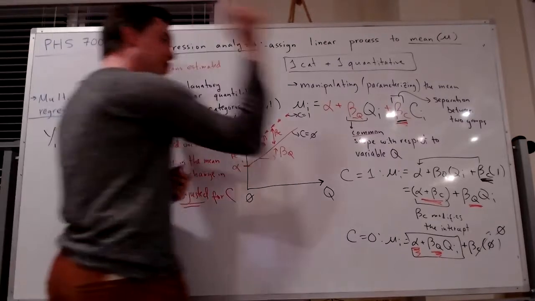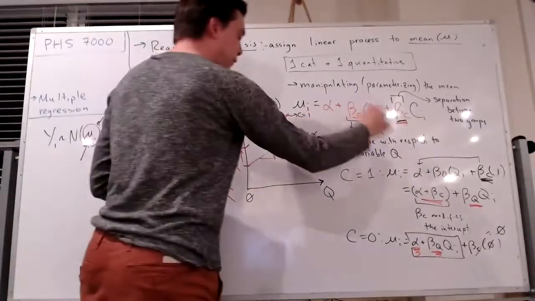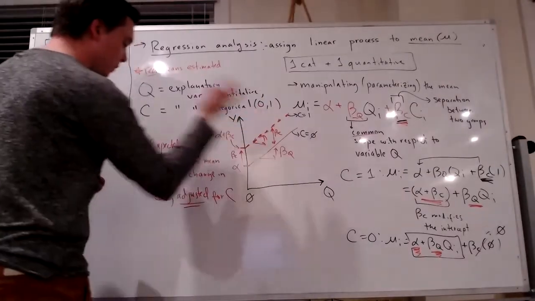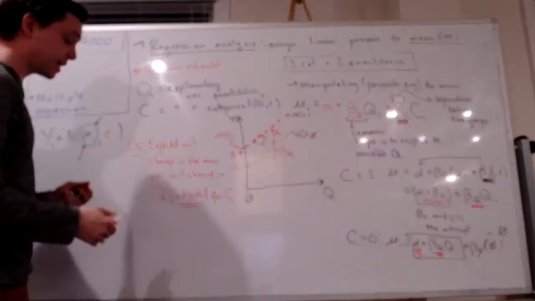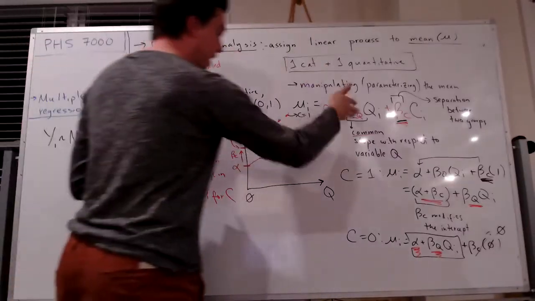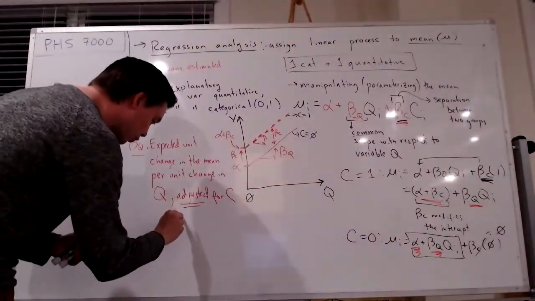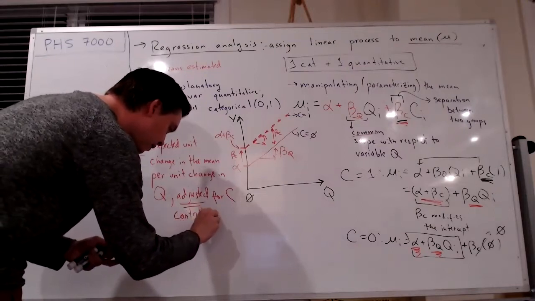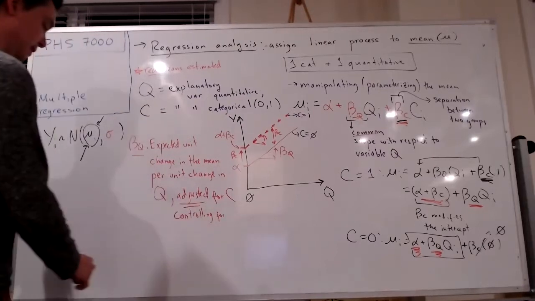So sometimes you will lead with this. You will say that adjusted for my categorical variable, this coefficient is the expected unit change in my mean response per unit change in my quantitative variable. Sometimes you will say controlling for the other variable, and vice versa.